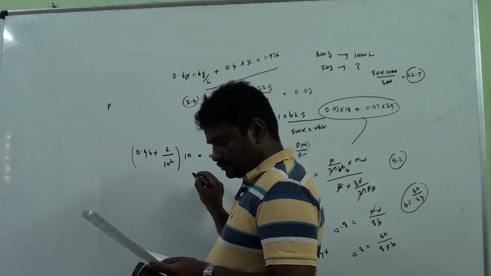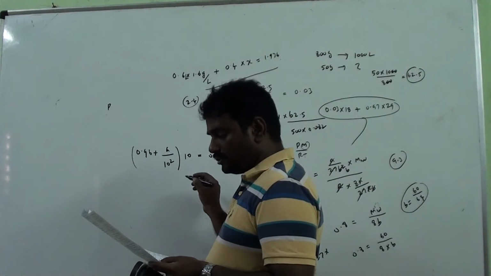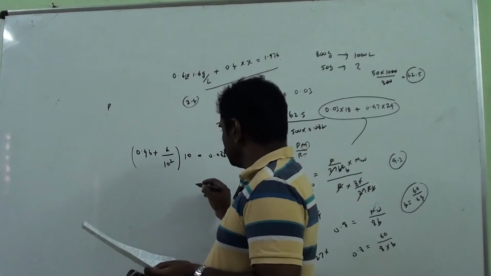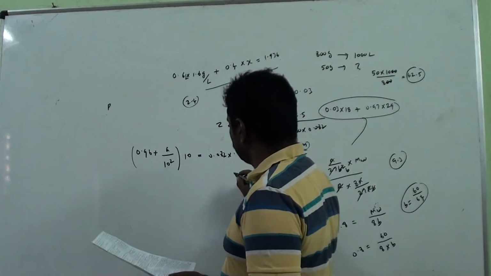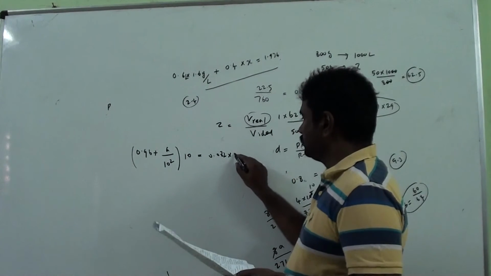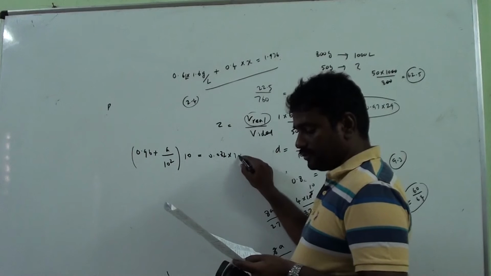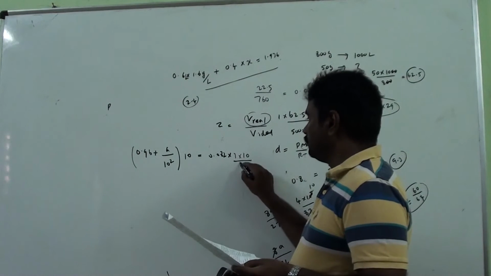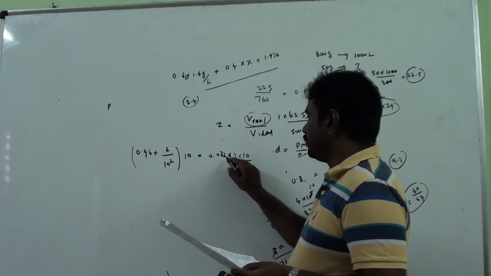Under similar conditions an ideal gas exerts 1 atmosphere pressure. So the temperature T equals PV by R, pressure 1 atmosphere, volume 10, so T equals 10 by R. So R cancels.